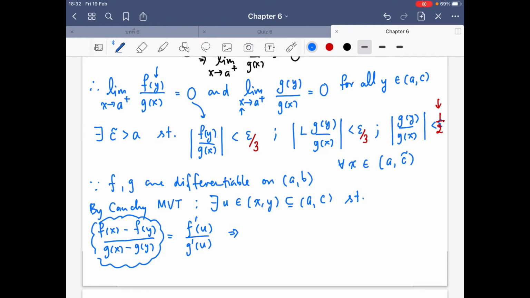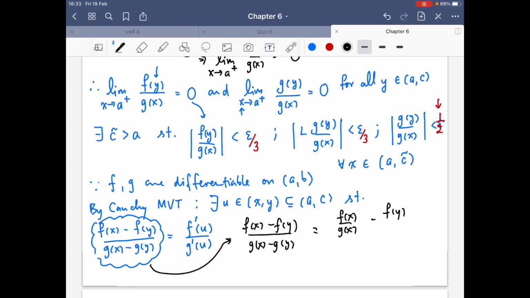Considering only this part, you know that (f(x) minus f(y)) over (g(x) minus g(y)) is the same as (f(x) over g(x) minus f(y) over g(x)) over (1 minus g(y) over g(x)). So basically you just multiply the top by 1 over g(x) and the bottom by 1 over g(x).